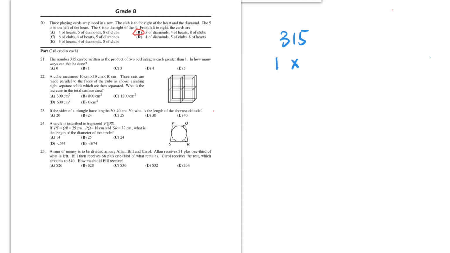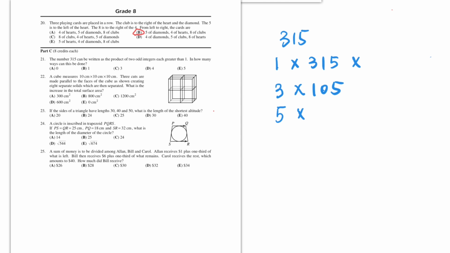The first is 1 times 315. Because the 2 odd integers must be greater than 1, this is not our answer. 3 plus 1 plus 5 equals 9, so it is divisible by 3. 3 times 105. It cannot be divisible by 4, but it can be divisible by 5. The ones digit is 5.